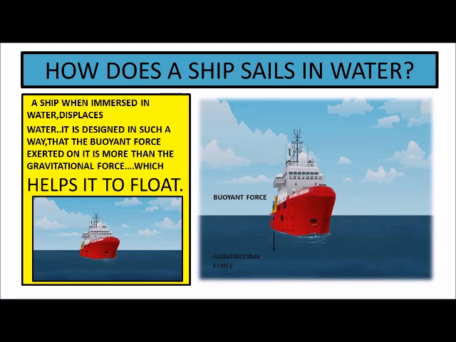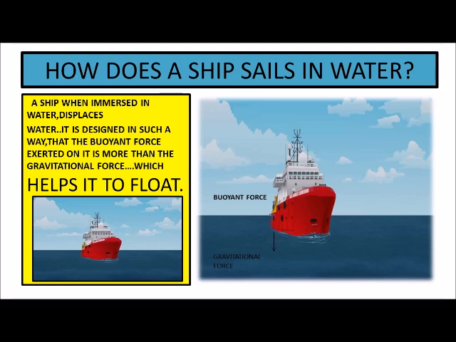But the water will exert a buoyant force as well, which will throw the immersed object upwards. You can see the arrow shown. So, if the buoyant force is greater than the gravitational force, the object will float in water.